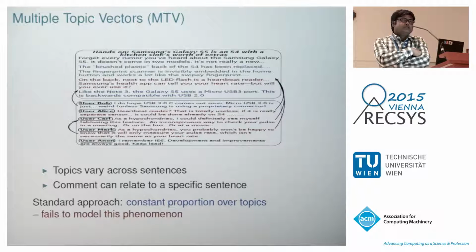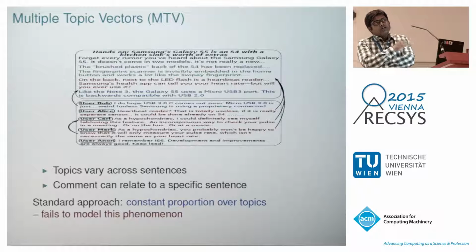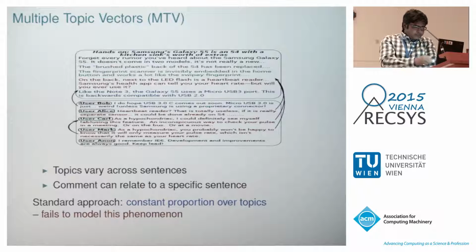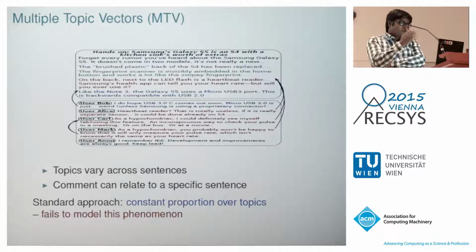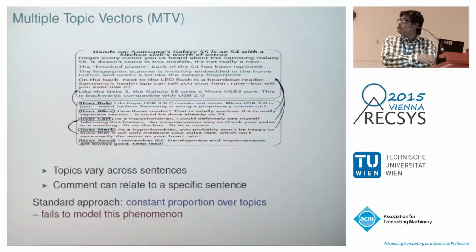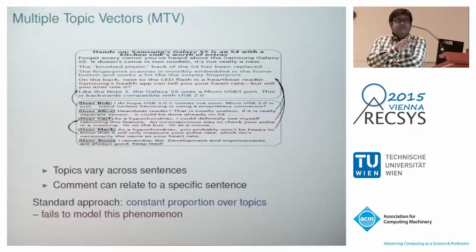And we do that using multiple distributions over topics across the sentences and across the documents and the comments. That makes the proportion over topics vary, and maybe the correlation for user Carl, who is commenting on the red sentence, may be very high, whereas the correlation may be very low if you consider the entire article.